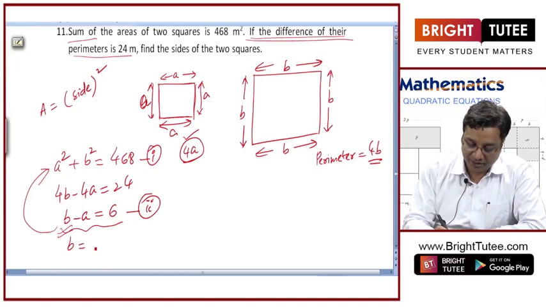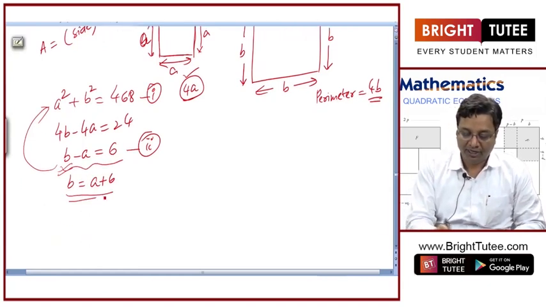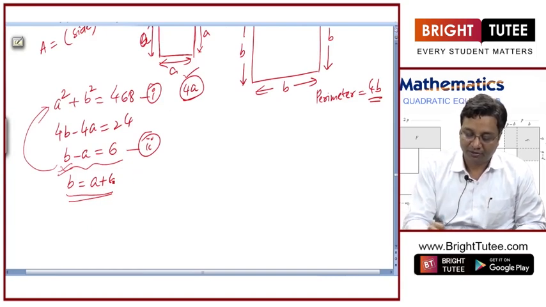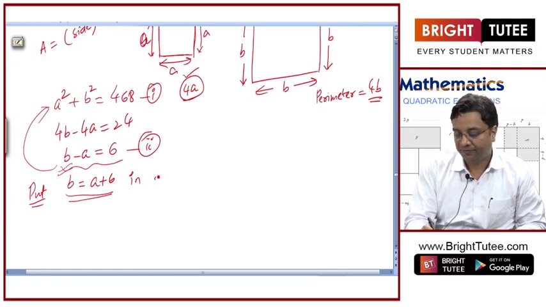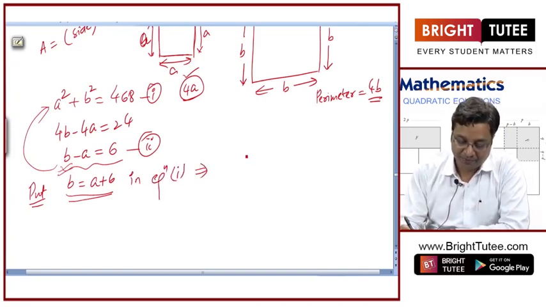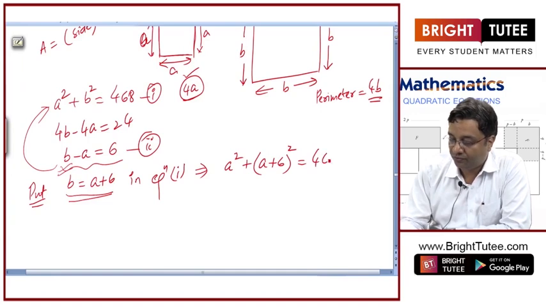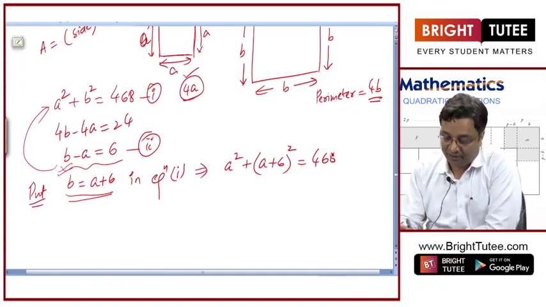What will be b here? a plus 6. Let's put b equal to a plus 6 in equation number 1. So it will become a squared plus (a plus 6) whole squared equal to 468.